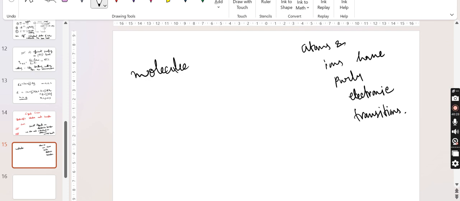That's the catch here. So we need vibrational and rotational levels associated with the electronic level, and those vibrational and rotational levels have to be closely spaced.